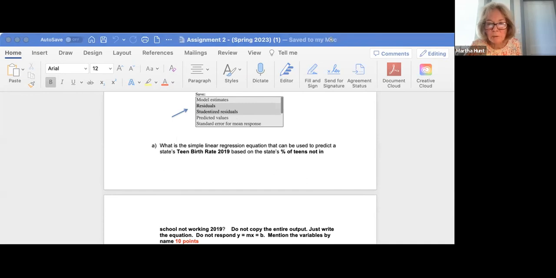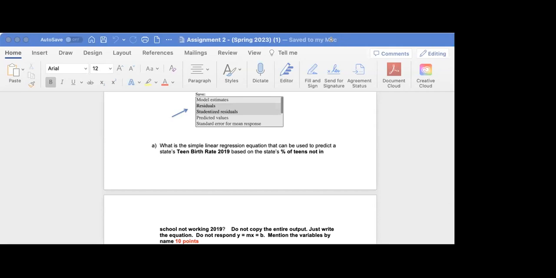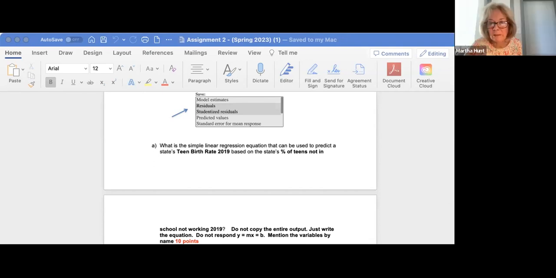Okay, teen birth rate. I'm looking at a number, 49.7. That has got to be a percent, doesn't it? Yeah, I wasn't sure because the other one says percent of teens not in school or working, and then the other one just says teen birth rate. I didn't know if that one was a percent too. As I'm looking at the data, it's got to be a percent.